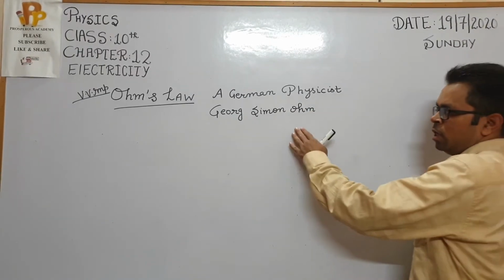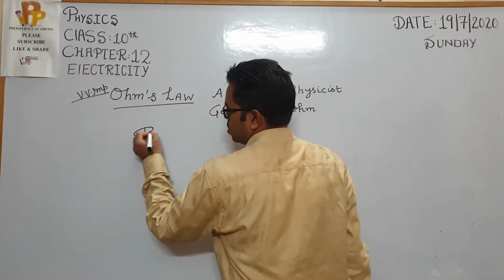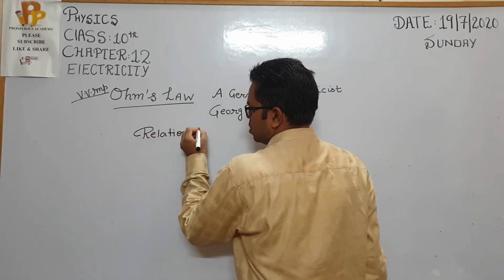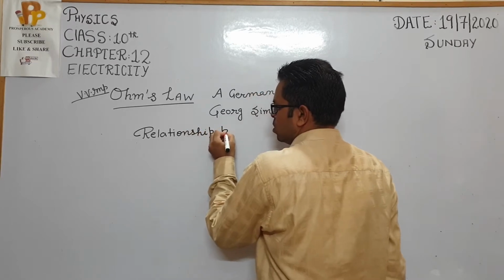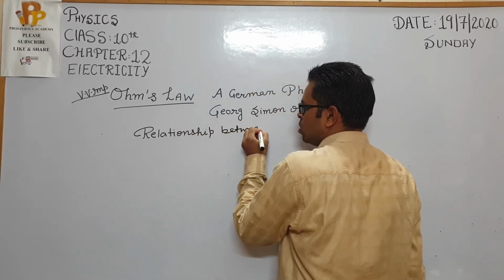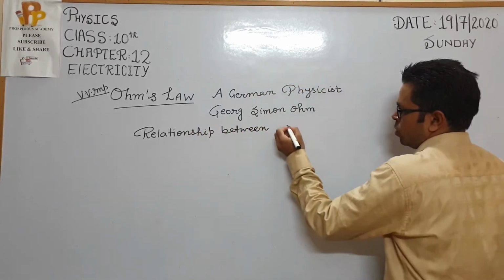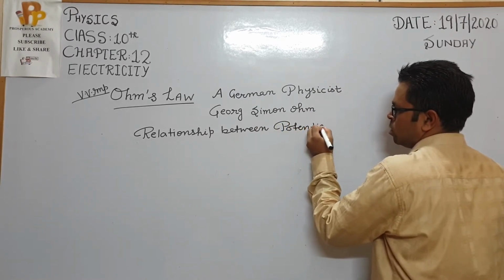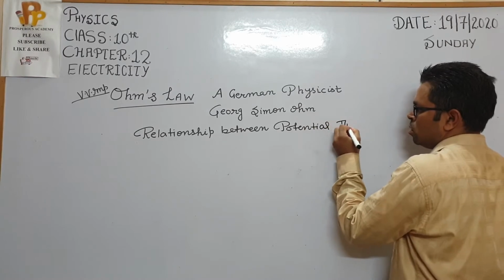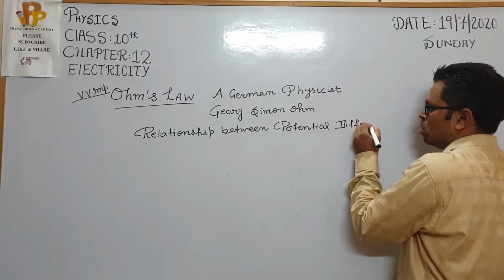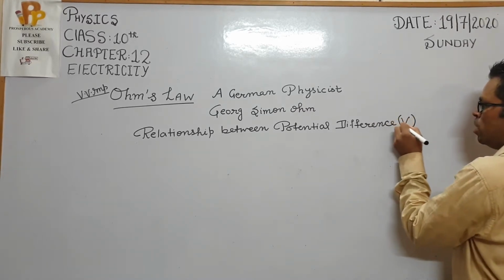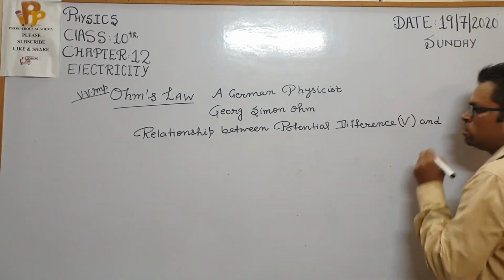It gives the relationship between potential difference V and current I.